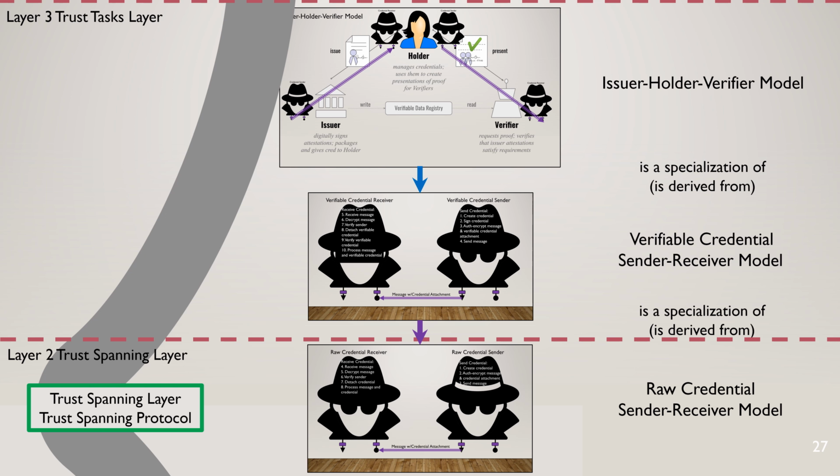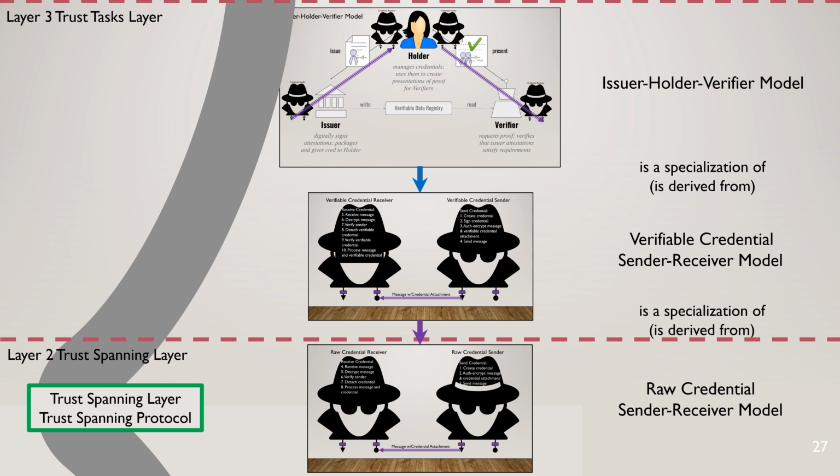On the left-hand side, the verifiable credential receiver is identical one-to-one with the raw credential receiver. The only difference there is step 9, where we're verifying the credential sender. So the verifiable credential sender receiver model is a specialization, or a derivation, of the raw sender receiver model, the purple arrow.